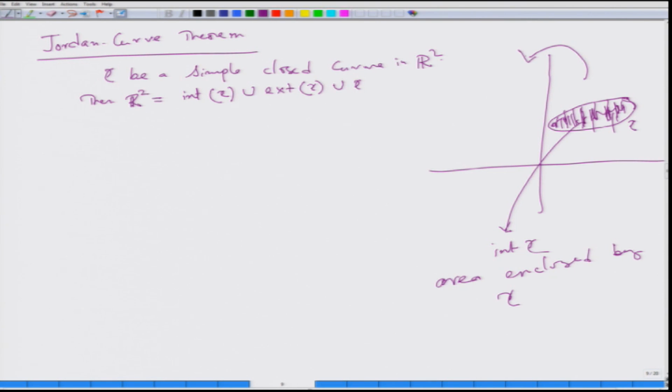The portion outside is called exterior of gamma, that is the area which is outside gamma, and of course, there are some points on the curve gamma itself that I have to take care of, and this union is a disjoint union. So, in the area enclosed by gamma, we do not consider the points on the curve. This looks very simple, but it needs a proof.